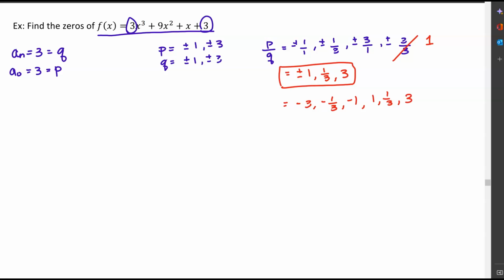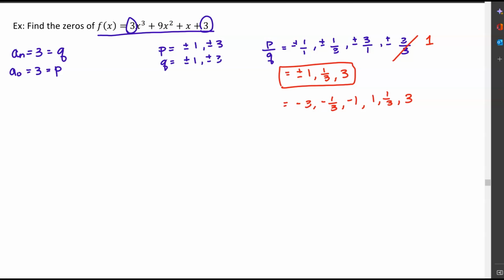So we're really looking at 6 possible roots. So let's go ahead and plug these in. We can plug these into the original equation, or we can look at a table of values and figure out which one of these would give us the f of x value equal to 0.